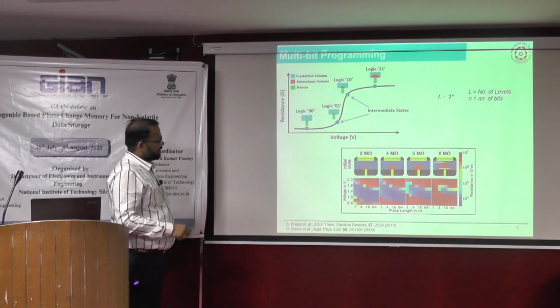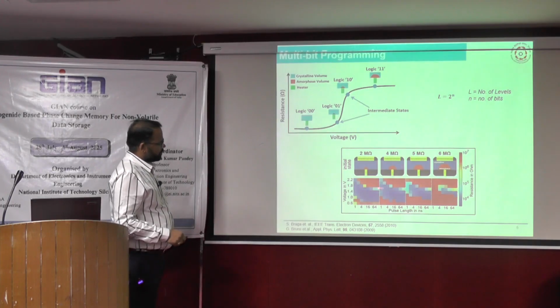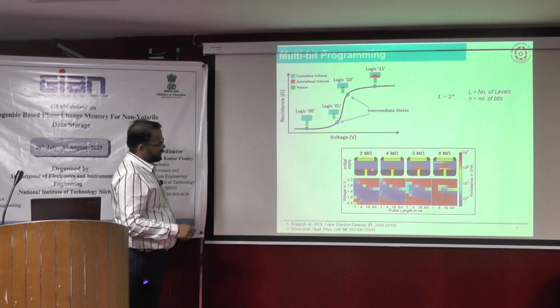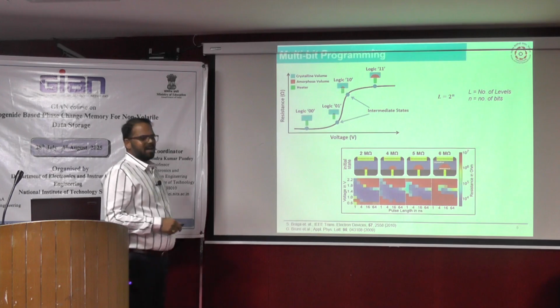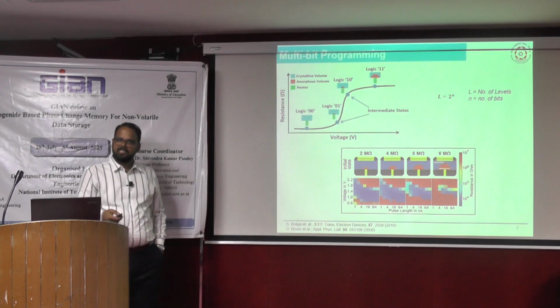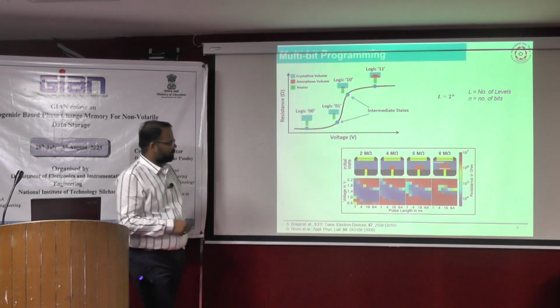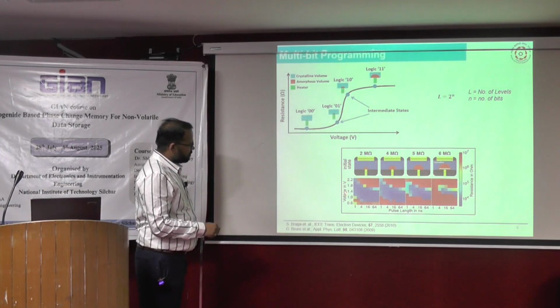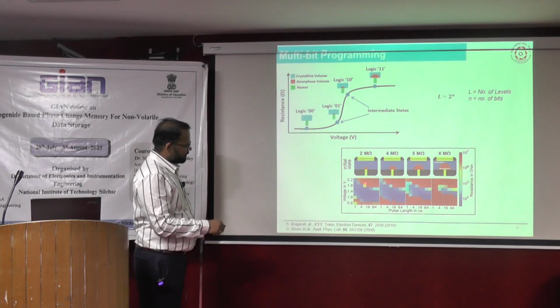Here is another pictorial view, a graph which you can see. As this shape is getting changed, it means the memory cell has a different resistance state, and you can program with respect to voltage and pulse length. Based on the pulse length, you can see different regions forming.